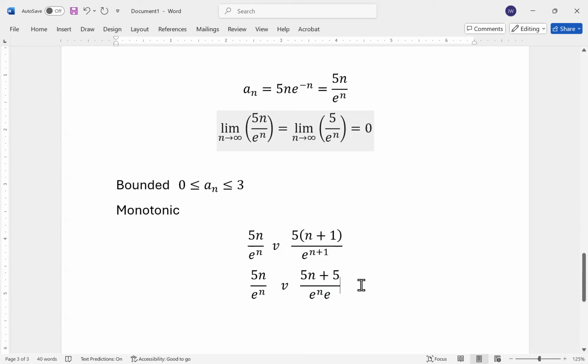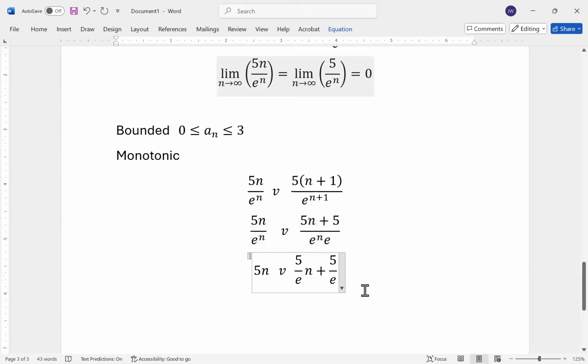So multiplying both sides by e to the n, I'll get 5n versus 5 over e times n plus 5 over e. I'm multiplying and then dividing both by e. And then I can just subtract 5 over e times n.